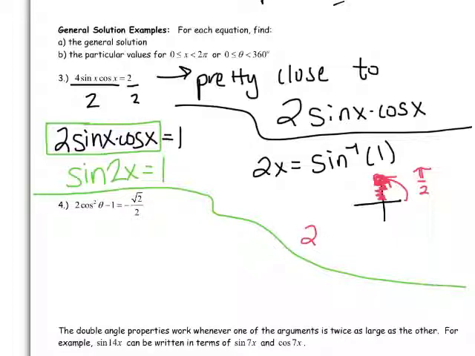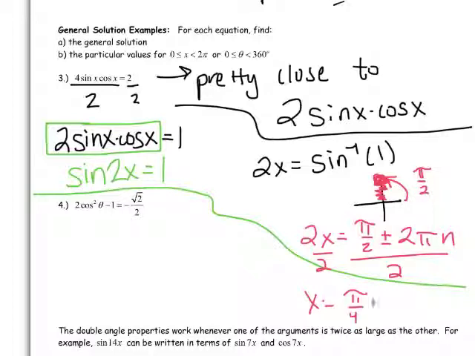All right, so 2x equals pi over 2 plus or minus 2 pi n. Divide by 2, and we get pi over 4 plus or minus 2 pi, nope, divide that by 2 also, so pi n.